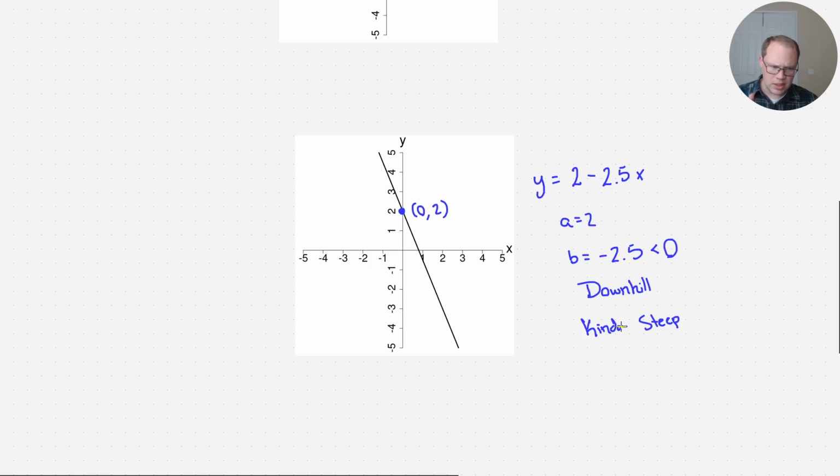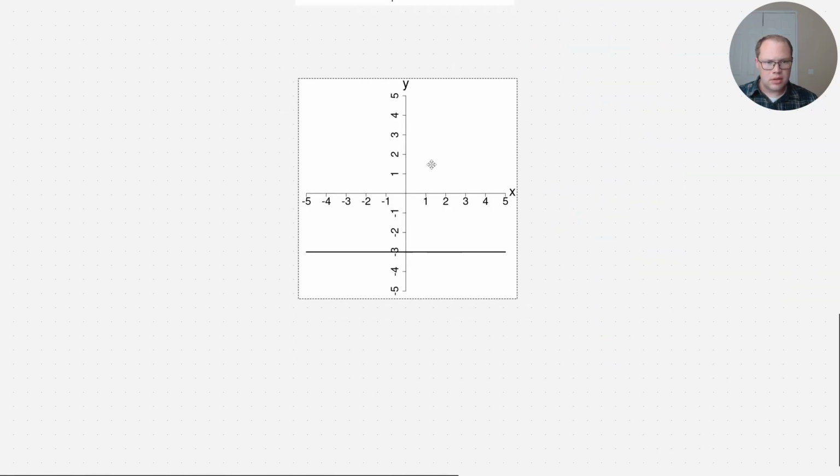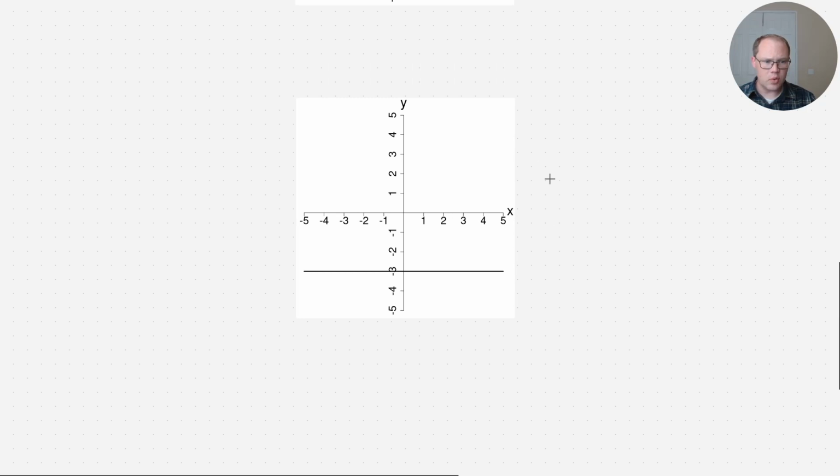Okay? Let's look at one more. Now this one has an interesting equation. It's just the equation y equals negative 3. So is that even a line? The general form of a line is y equals a plus bx. It doesn't look like I have this at all. Well, we can write that in by adding plus 0x.